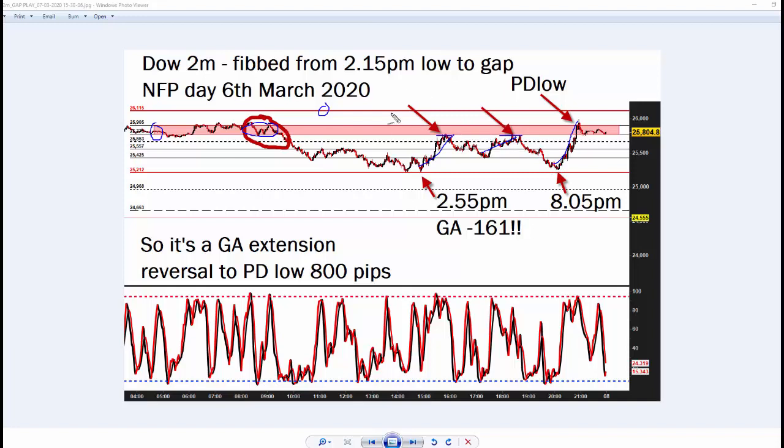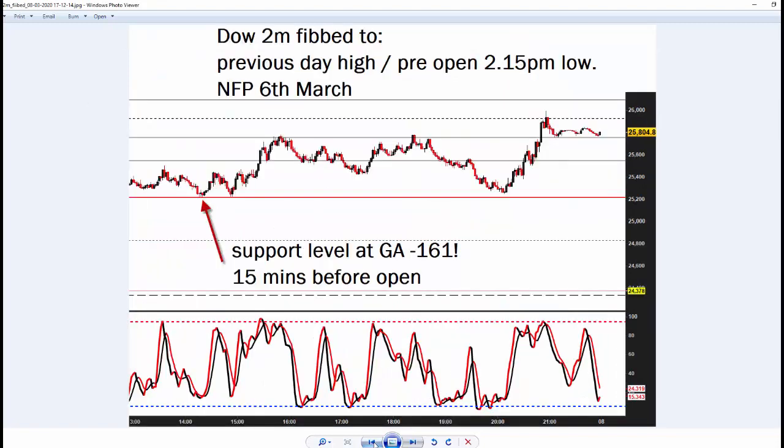So it's a slightly different way of looking at it, but I think if you concentrate on the overall range, the previous fib I showed you was set up 15 minutes before the open.